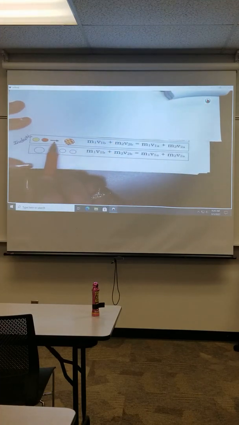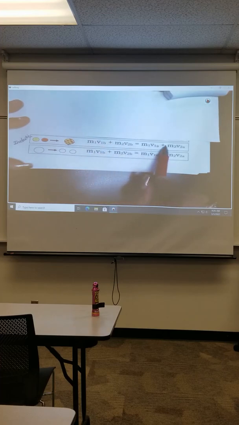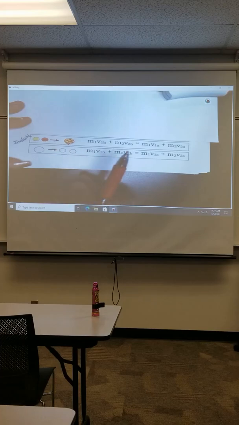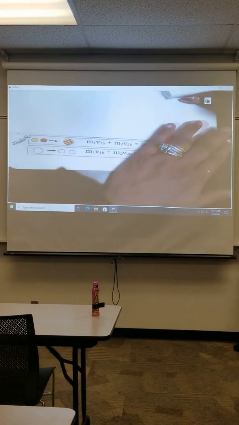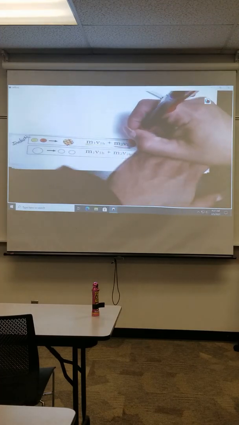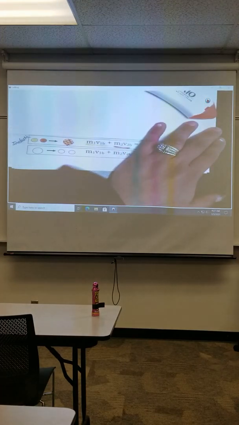Now, again, I still have the same equation, but I need to make my equation modified to look like this. So to do that, let me start off with the left side. That side is easy. I have yellow and I have red before the collision.